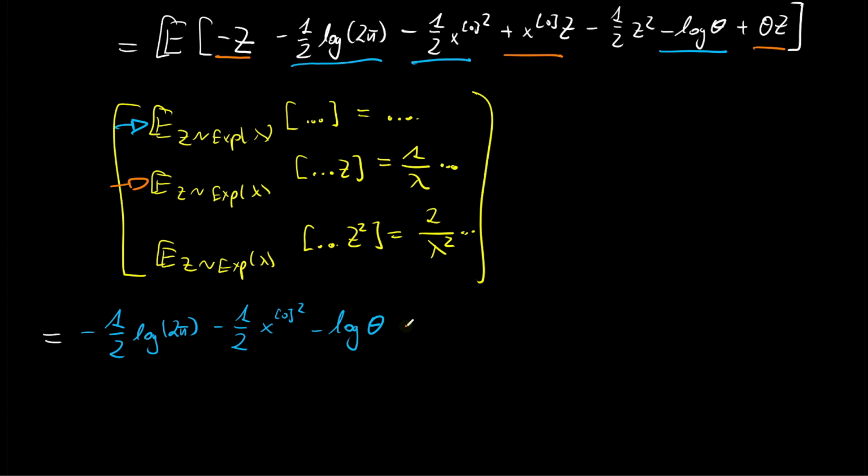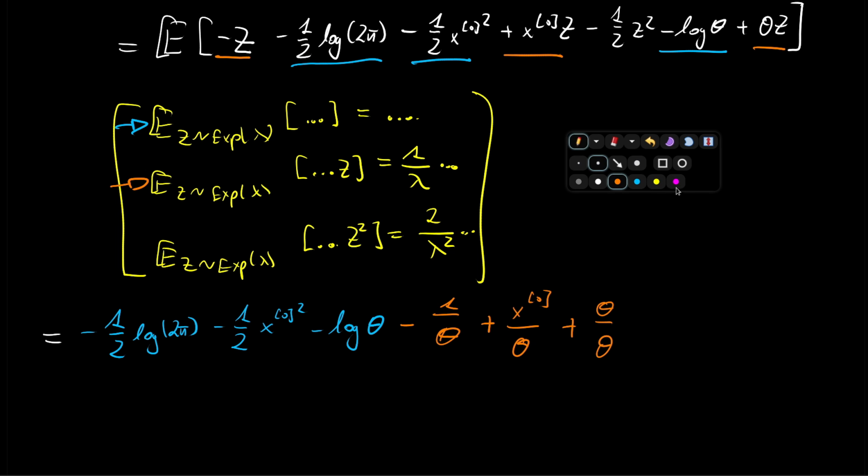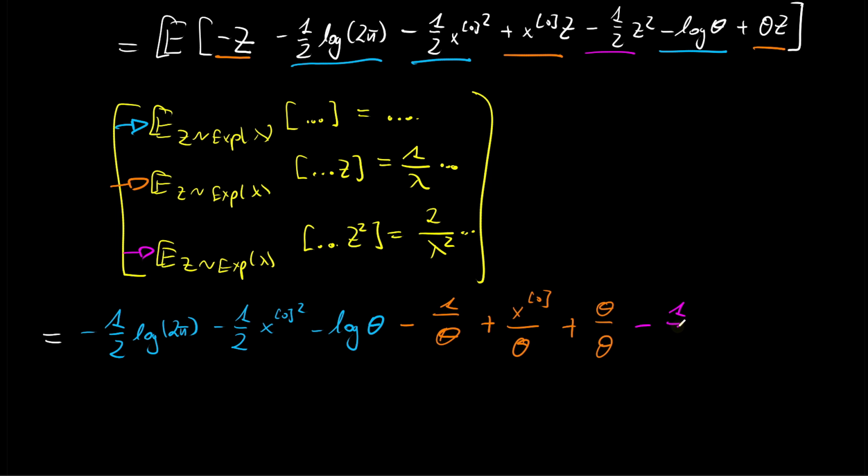So here we are getting minus 1 divided by theta. Then here we get plus x0 over theta. Oh, of course not lambda, but theta. And then here we get plus theta divided by theta. Then we are left with the last one, and this gives us just 1/2 and then 2 over theta squared.